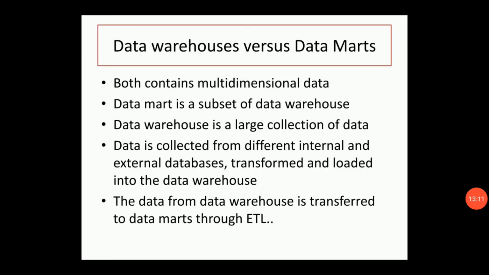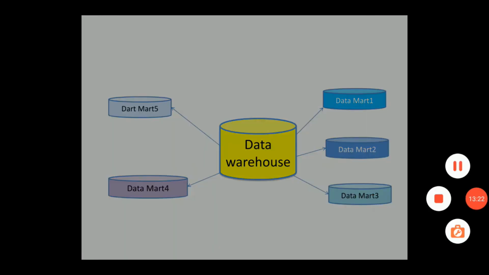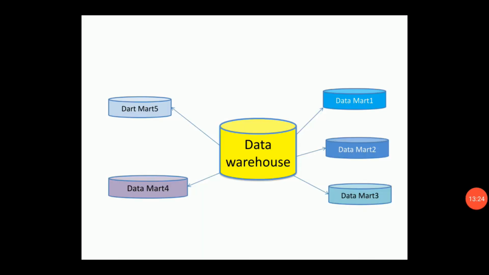The next topic is data warehouses versus data marts. As you can see here, there is a central data warehouse and it is connected to different data marts: data mart 1, data mart 2 and so on. So various data marts can be connected to the data warehouse.